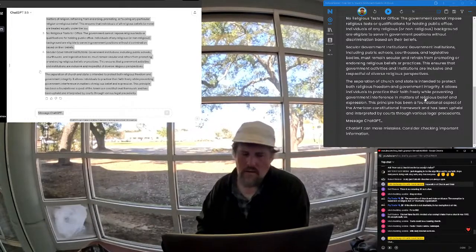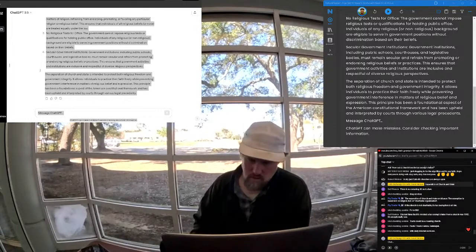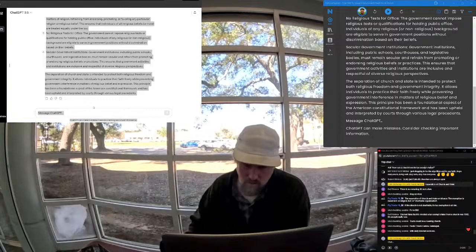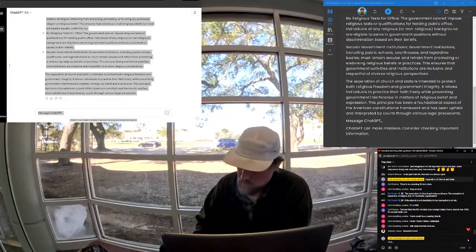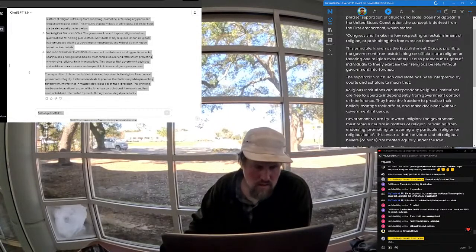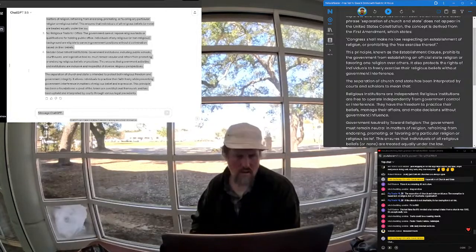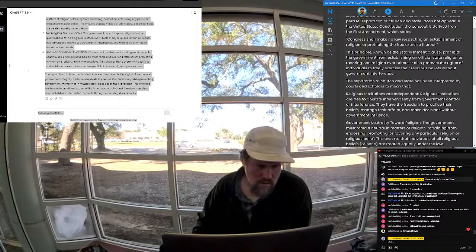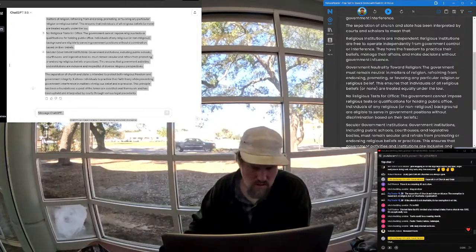So that's the first time that ChatGPT has admitted the possibility that it could be making a mistake. All right. So there's a difference in what they say. The government can't really influence the church, take over the matters of the church.